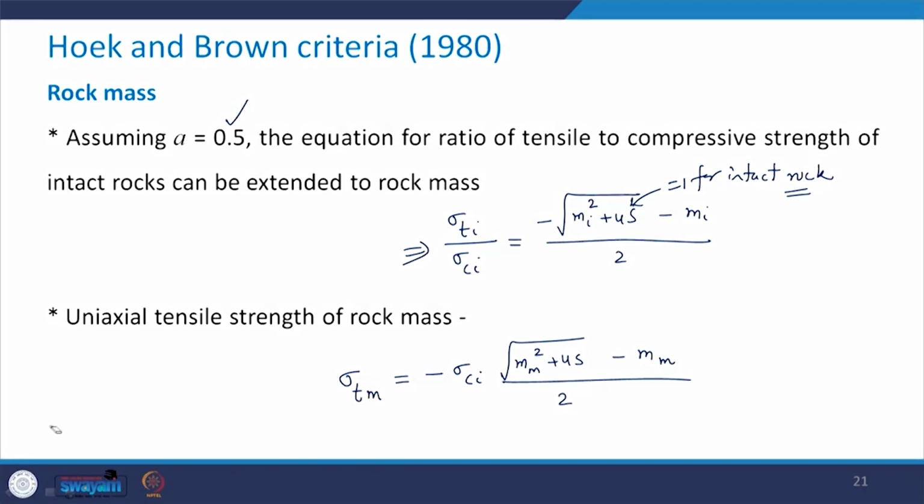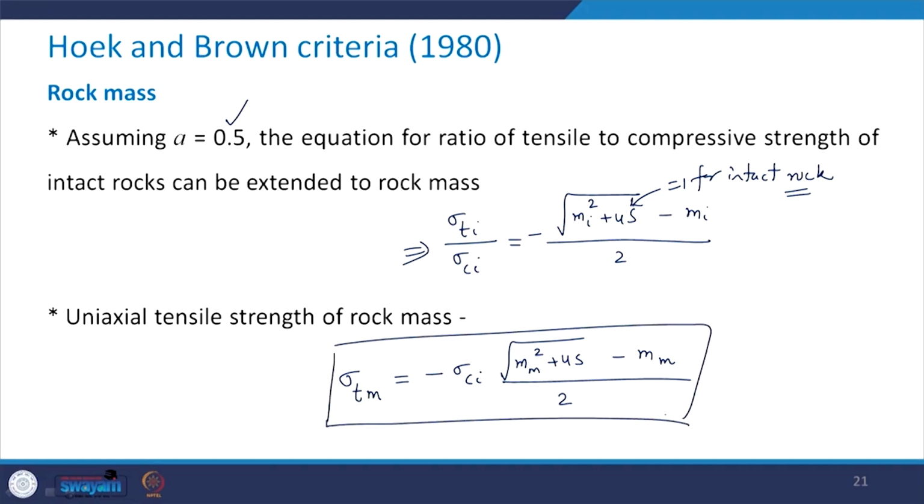Just take a note of it here that this negative sign would be here. So, this is how we are going to get the uniaxial tensile strength of the rock mass.